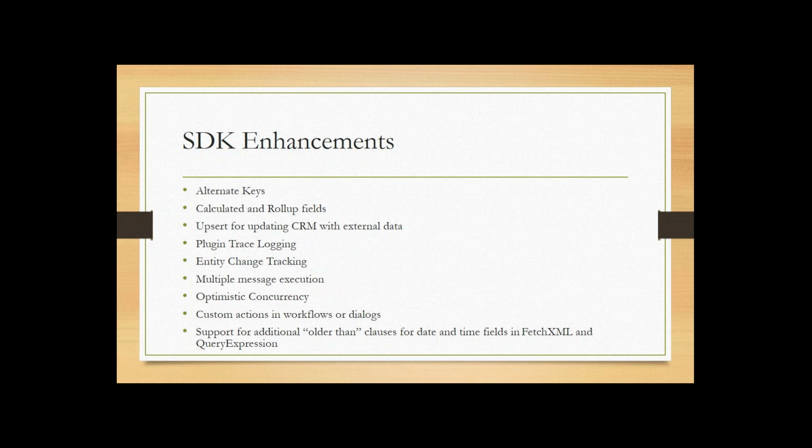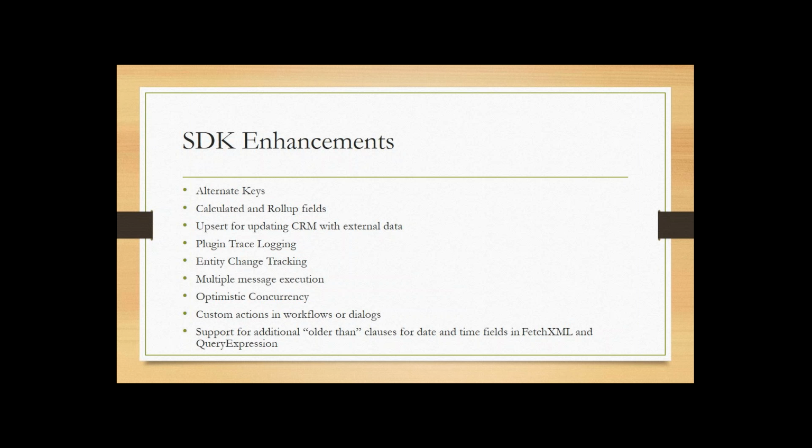Support for additional older-than clauses for date and time fields in FetchXML and QueryExpression. Until this release, CRM only had older than X months available in FetchXML and QueryExpression. Suppose we want to find activity done in the last 15 or 30 minutes, which is not possible directly through FetchXML or QueryExpression, for which we need to write code with some complex logic.